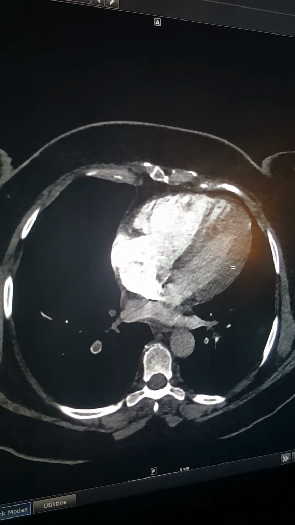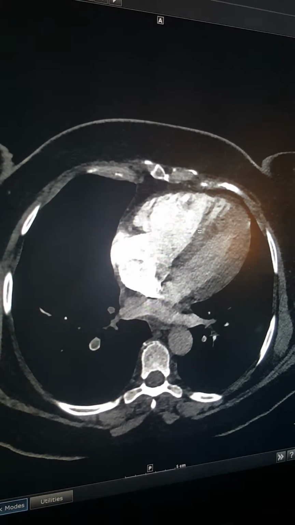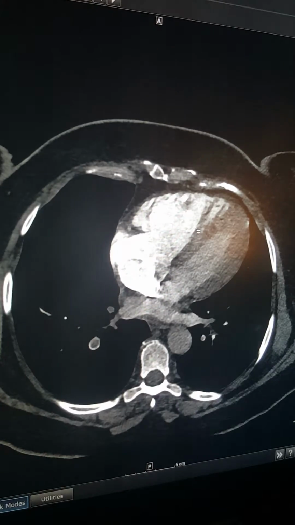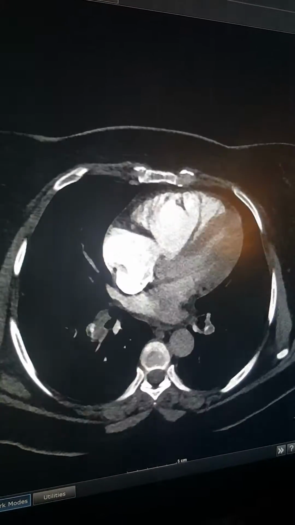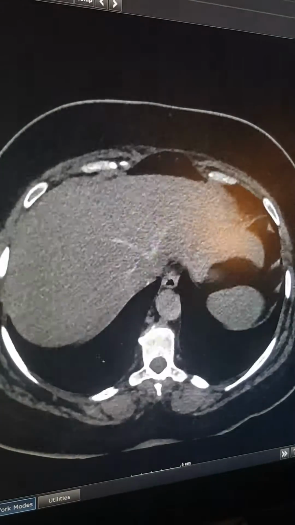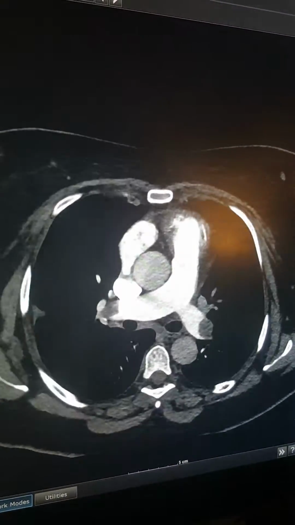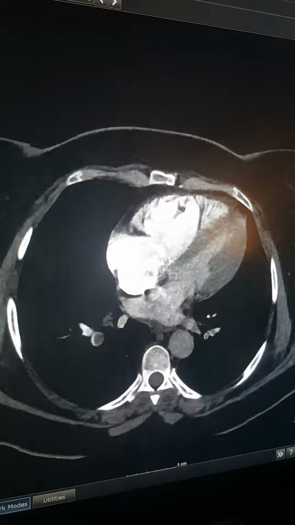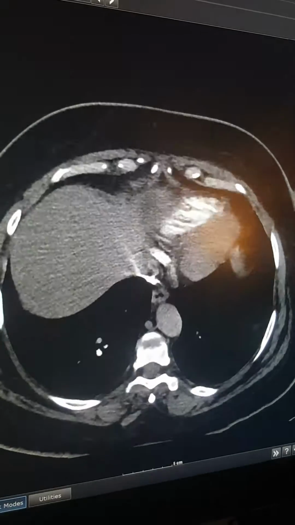If the right ventricle is larger, we use a 1-to-1 cut point. But here we can see the enlargement of the right ventricle with reflux of contrast to the hepatic vein, which gives us radiological evidence of cardiac strain or right-sided heart failure.